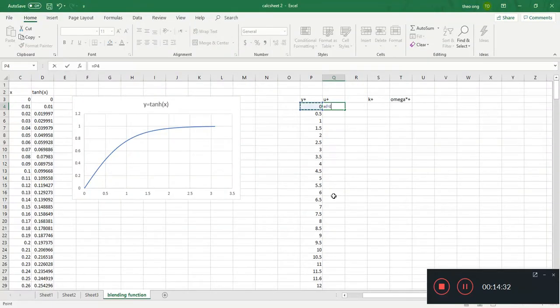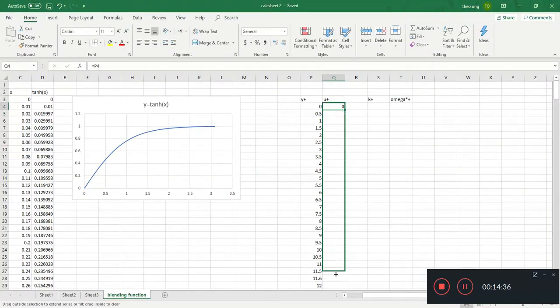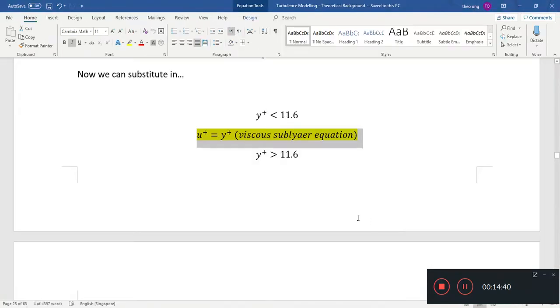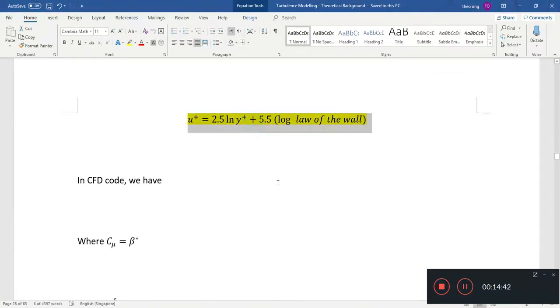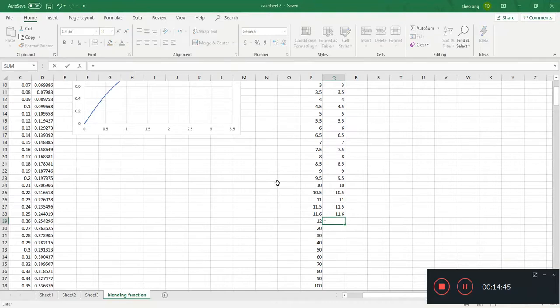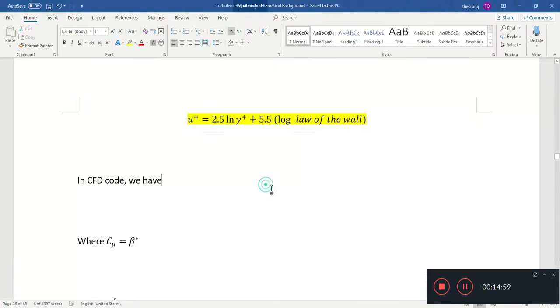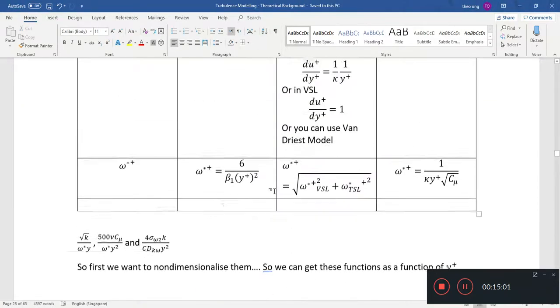I'll put it to 11.6, and here is where I want U plus equals 2.5 times ln of Y plus 5.5. All right, and then I'll go all the way up to 300. So that's the U plus part. I'm just doing it a very simple way.